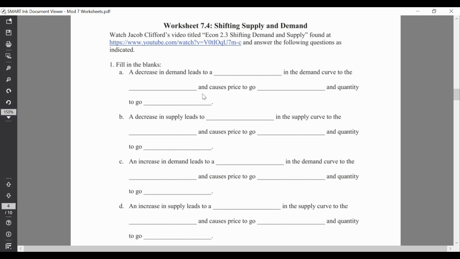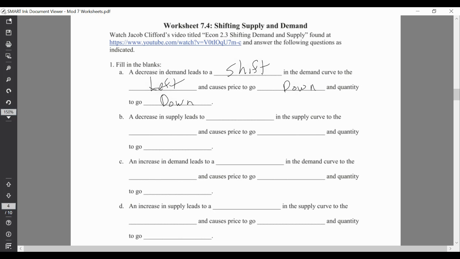fill these in. It says a decrease in demand leads to a shift in demand curve to the left and causes the price to go down and the quantity to go down.